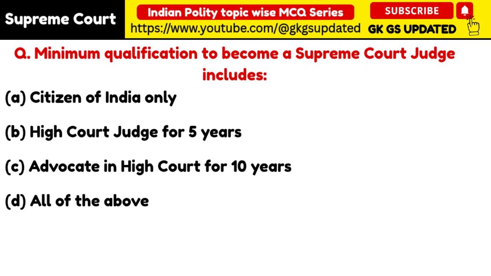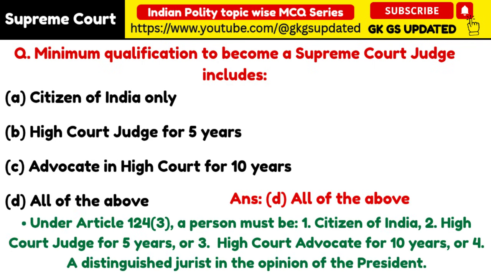C. Advocate in High Court for 10 years. D. All of the above. Correct answer, all of the above. Under Article 124, Clause 3, a person must be a citizen of India, High Court judge for 5 years, High Court advocate for 10 years, or a distinguished jurist in the opinion of the President.